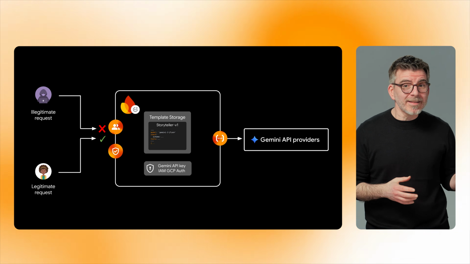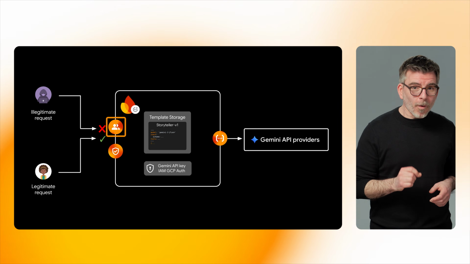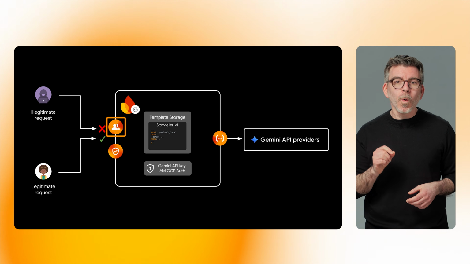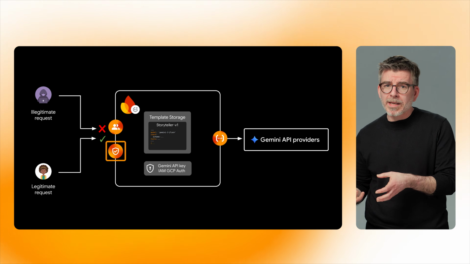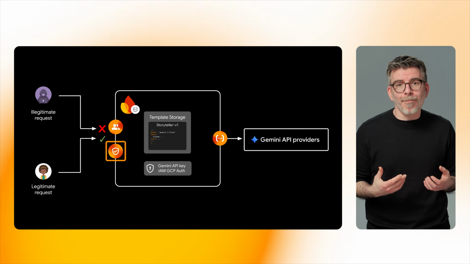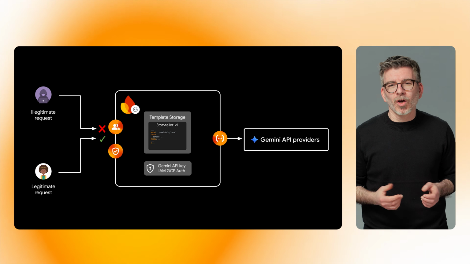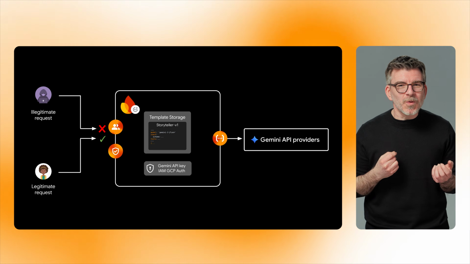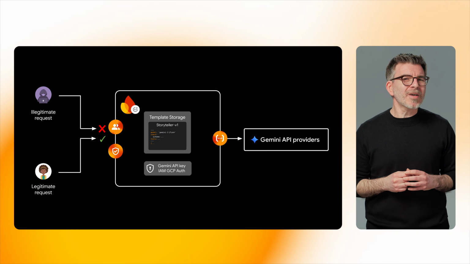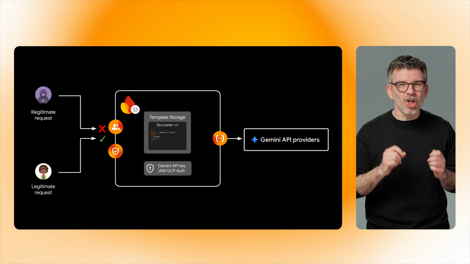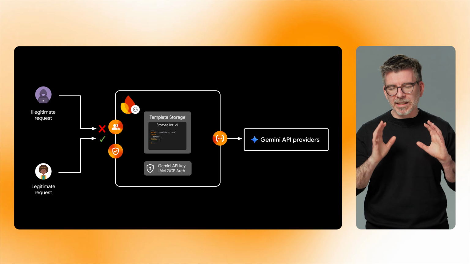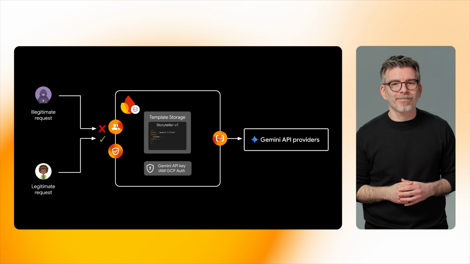The client authenticates with Firebase Auth to tell your app who the user is. App Check validates that the request is coming from a real and untampered app. For the most security-conscious apps, you can enable replay attack protection. This ensures that the tokens can only be used exactly once.